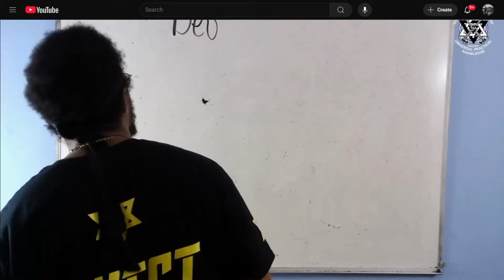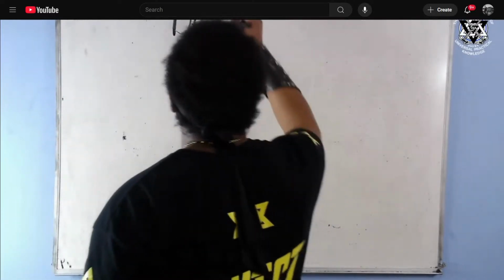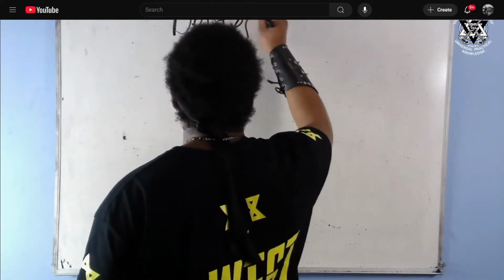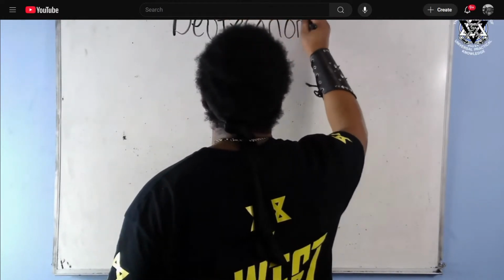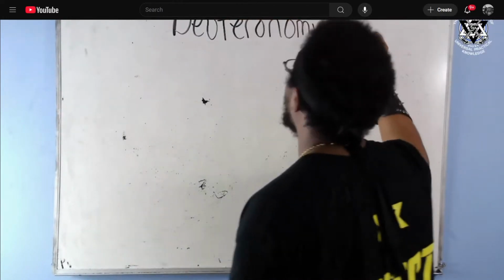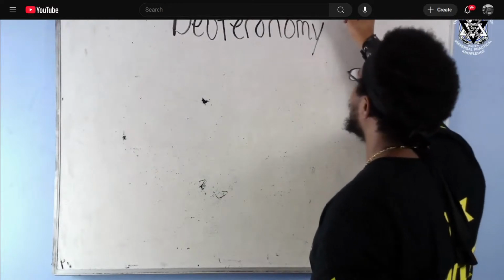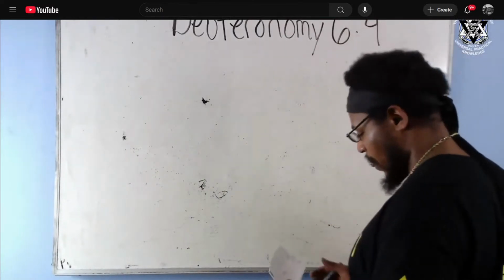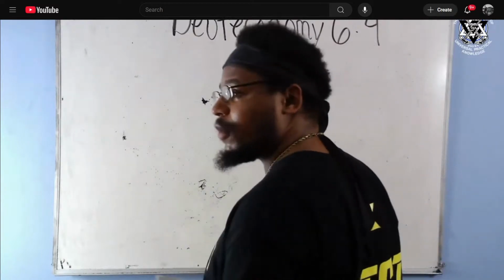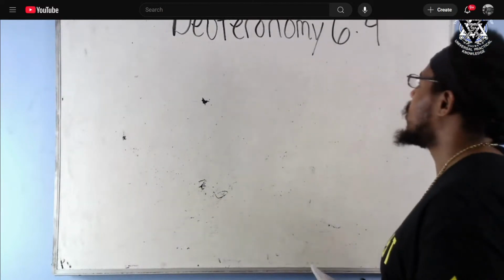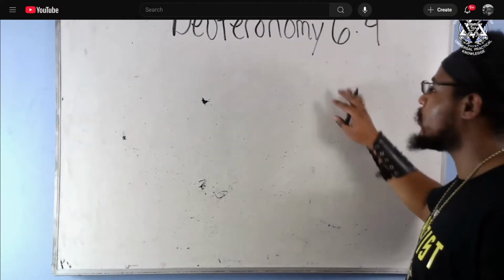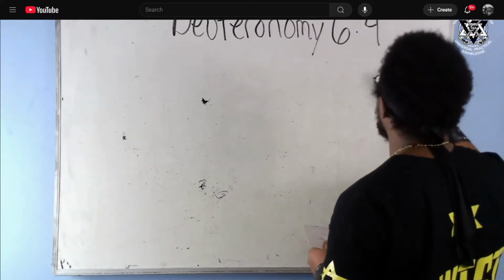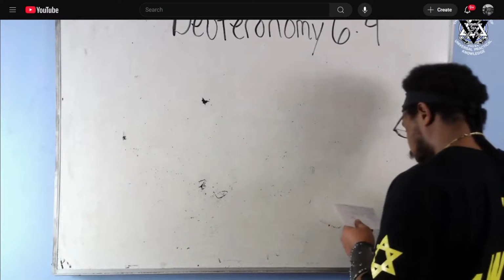This is Deuteronomy 6 and 4. So we're going to get it in the ancient Hebrew, right on the board.